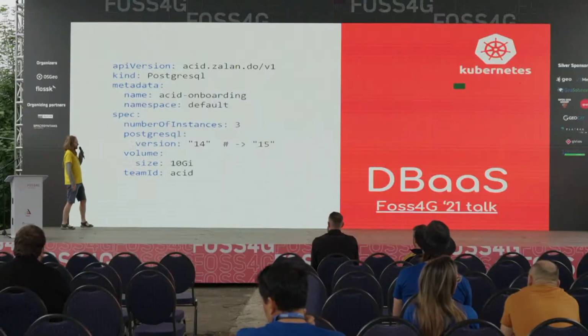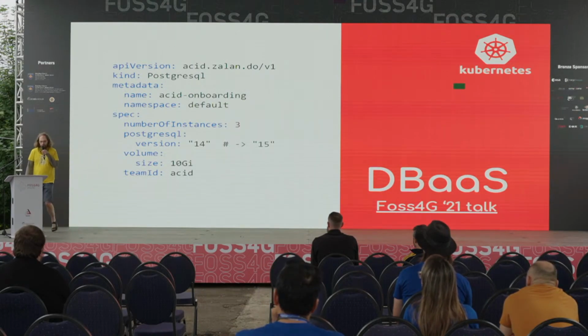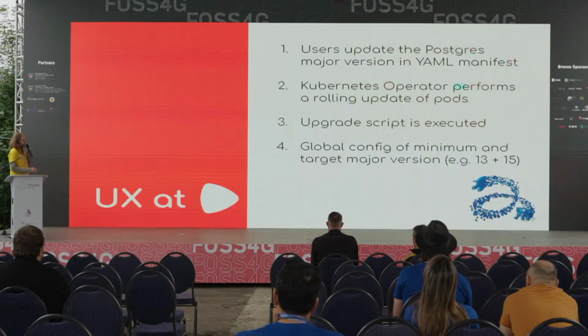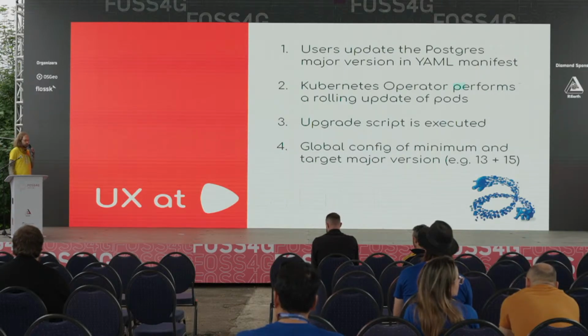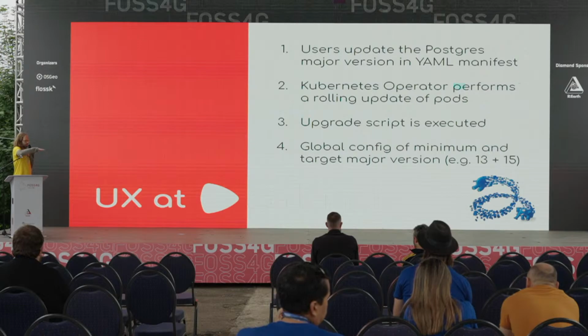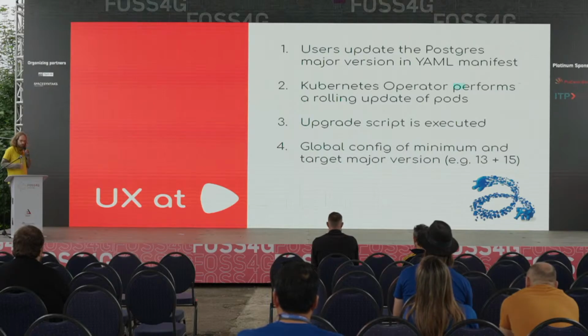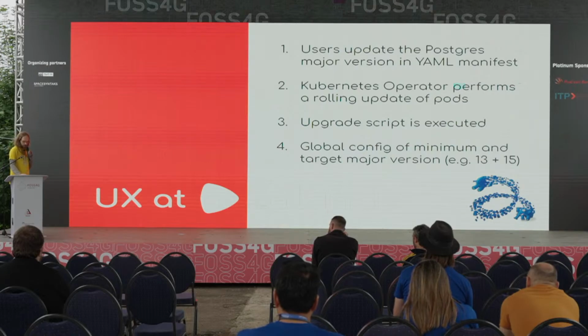Just a few lines, and in the version field they just change 14 to 15, and then we have this Kubernetes operator which rotates all the pods, kicks in this upgrade script and upgrades the cluster. We can also configure this globally. We could say all the databases that are still on 12 or older should be upgraded to version 15, for example. We're not doing this in production, but it's something we could configure with our tool.